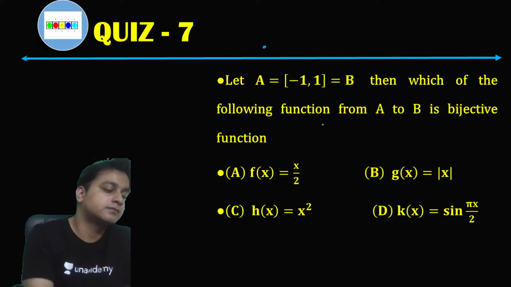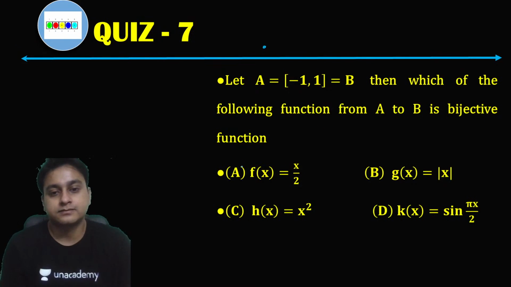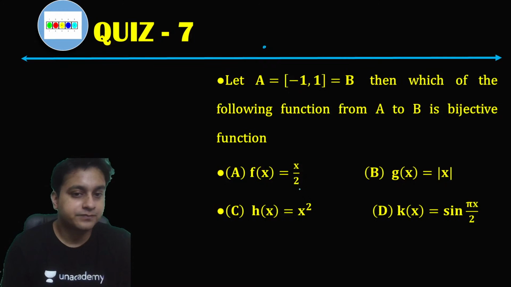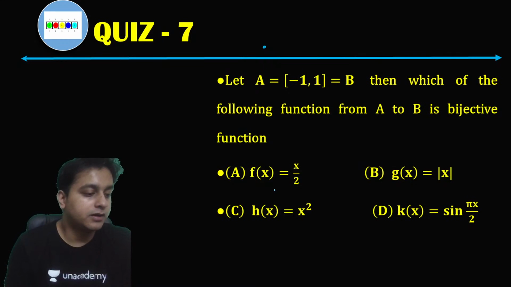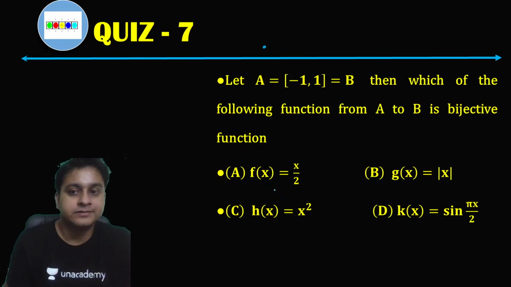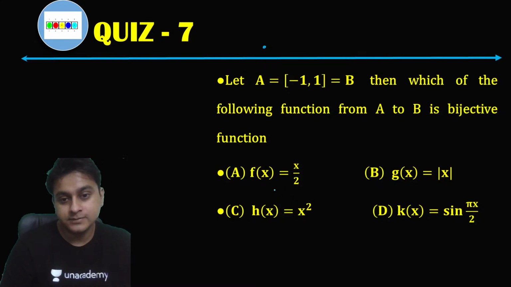Come on. Let's see how many of you can do it. Lokesh is saying A. What about others? Come on. Copyright is saying B. So let's see one by one.